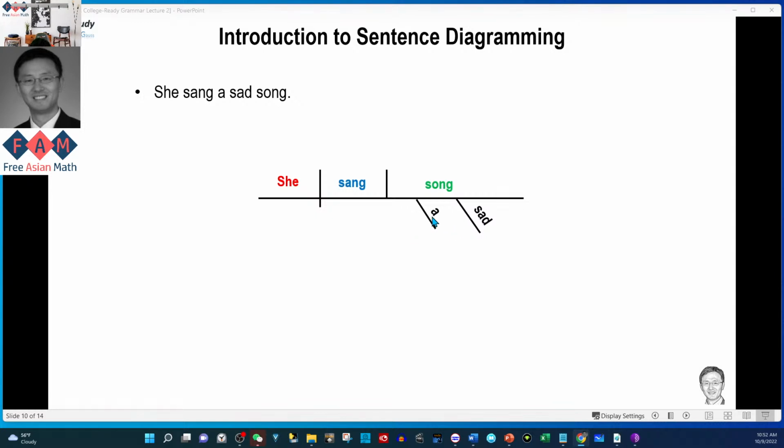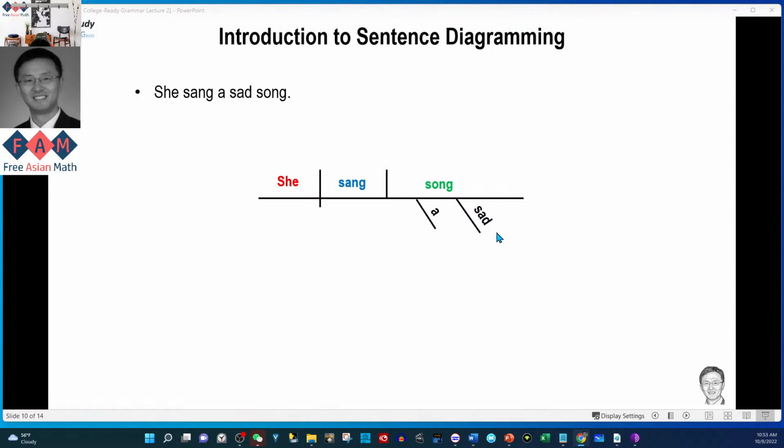Is there any special relationship between 'a' and 'sad'? Not much, except that we generally just put them in the same order as they appear in the sentence, okay? But logically, it doesn't matter whether we put 'a' before 'sad' or 'sad' before 'a'. But it would be very strange if we put 'sad' before 'a', because that's not the sequence appearing in the sentence.